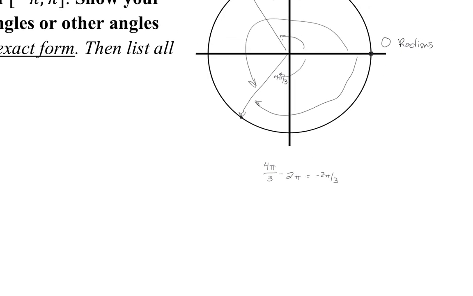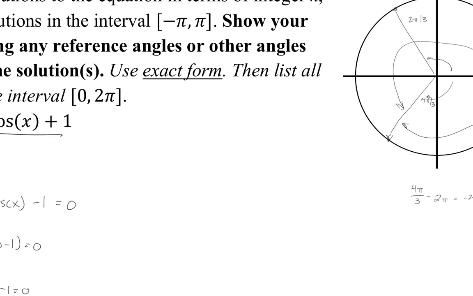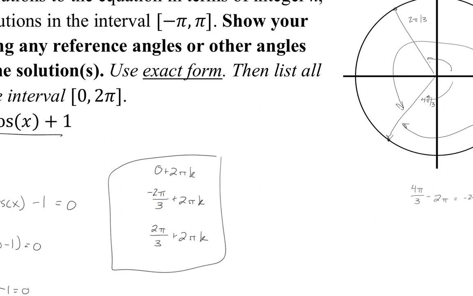So now our solutions are going to be 0 plus 2 pi k, -2 pi over 3 plus 2 pi k, and 2 pi over 3 plus 2 pi k. These are our list of solutions. And in the interval, it's going to be 0, 2 pi over 3, and -2 pi over 3.